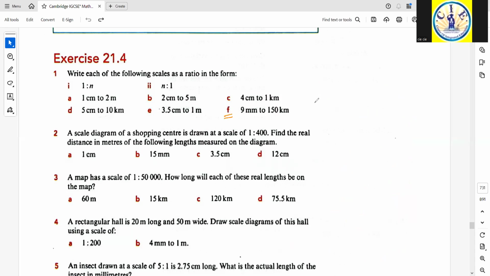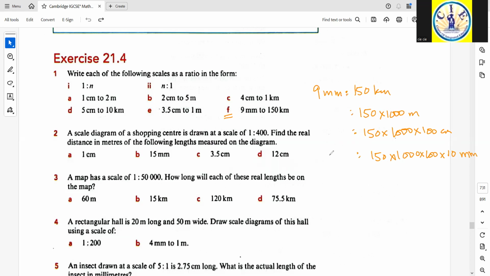Now it's part F, 9 millimeters to 150 kilometers. So converting this kilometers into meters first, I need to multiply it by 1,000. So this is now in meters. Now again, converting it into centimeters, I need to multiply it by 100. And finally, for converting it into millimeters, I need to multiply it by another 10.